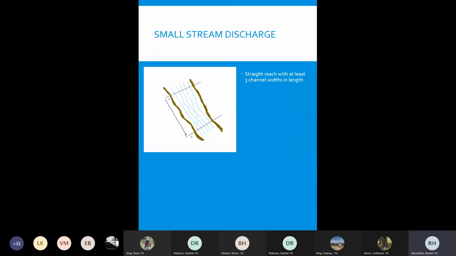All right, measuring stream flow for most streams is relatively straightforward. However, what we had found was small streams were becoming a problem for a few reasons. We have these Swoffer meters, and the Swoffers have little propellers on them that spin.